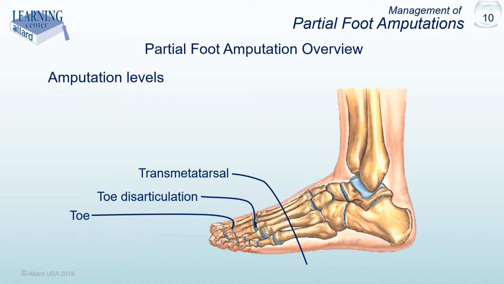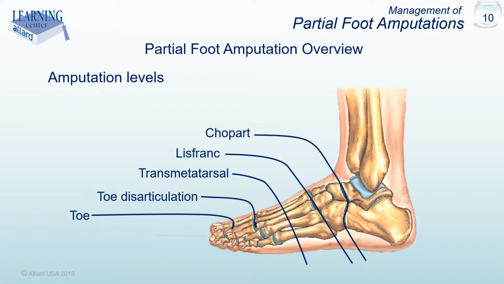It's also the one that poses the greatest challenge with respect to managing the resultant shearing forces. We'll discuss that later in the program. A Lisfranc amputation is a disarticulation at the Lisfranc line of joints. And finally, a Chopart amputation is a disarticulation at the Chopart line, leaving just the calcaneus and talus.